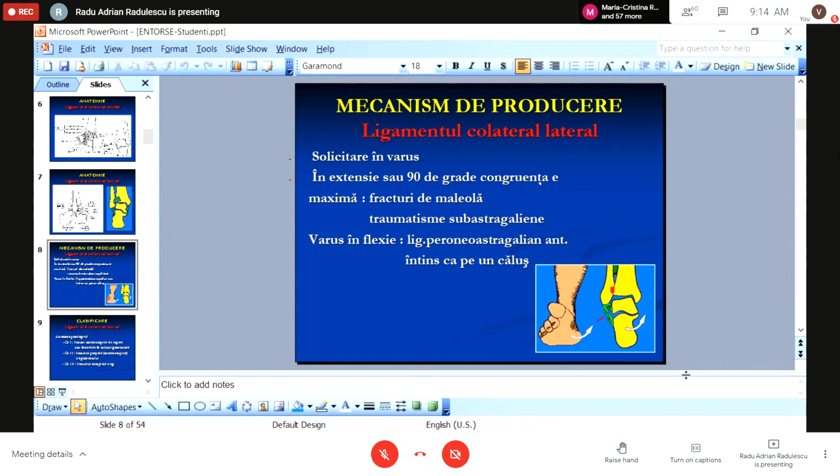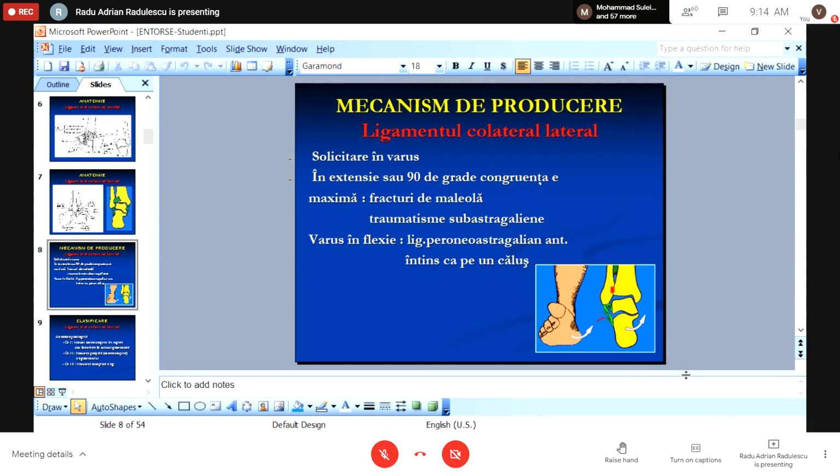For example, the ankle is a joint, as I said, with flexion and extension. When we force the flexion, for example, the patient grabs, let's say, a stair with the anterior part of the foot, and then forces the ankle in forced flexion over the physiological limits. This is one example.